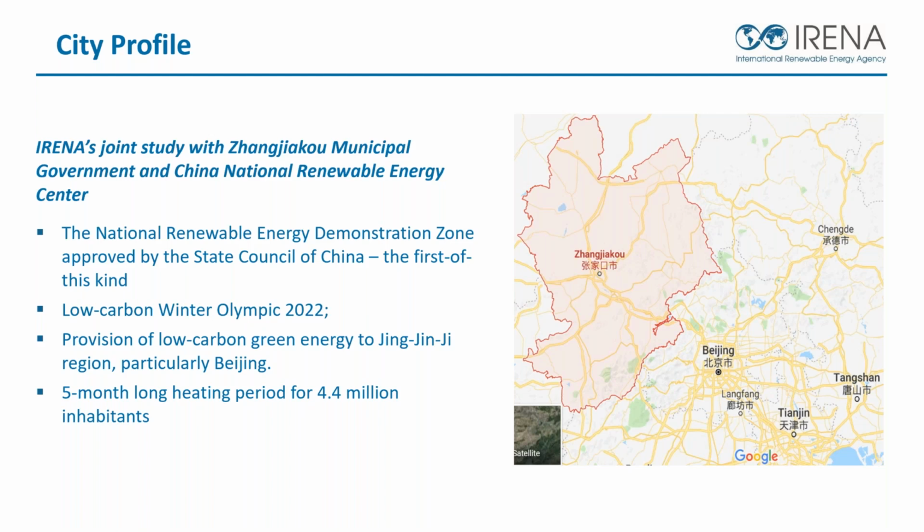And it is also going to host the low carbon Winter Olympics in 2022. This is relatively small in China, but in European terms quite big, at 4.4 million. It is very cold in winter, with a 5-month long heating period.